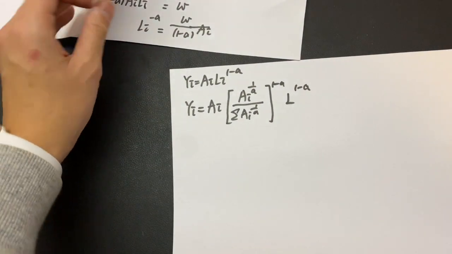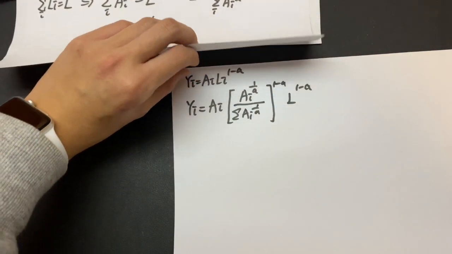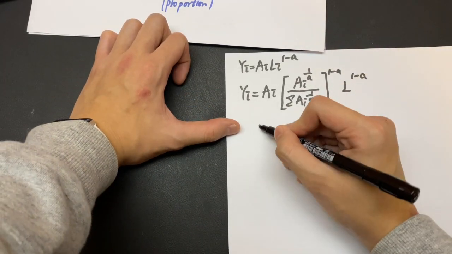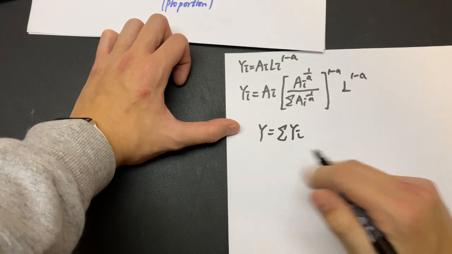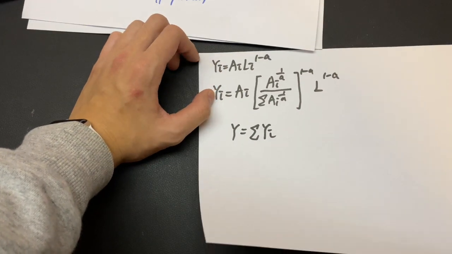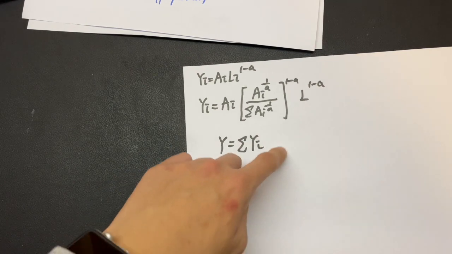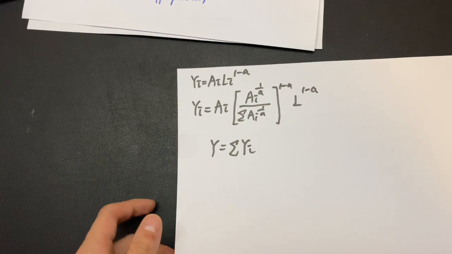since every firm is identical, and this is a perfectly competitive market, the total output in the economy is simply the summation of all outputs of every firm. But bear in mind that this is a special case. This aggregator does not apply to all scenarios.